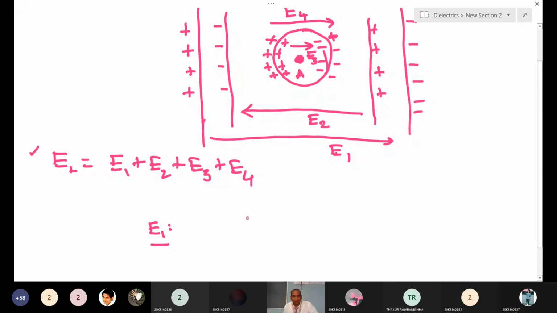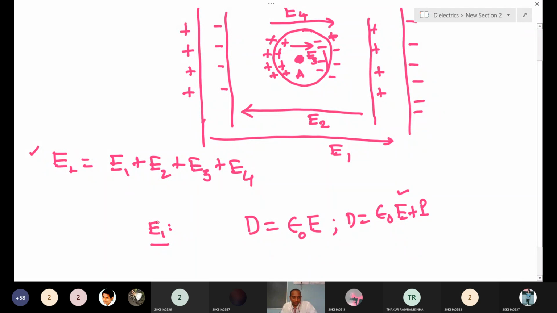We know that in a dielectric material the displacement vector D is equal to epsilon E. We also have one more formula in the dielectric: D is equal to epsilon naught E plus P, where epsilon naught is the free space permittivity, P is the polarization vector, and E is the electric field.